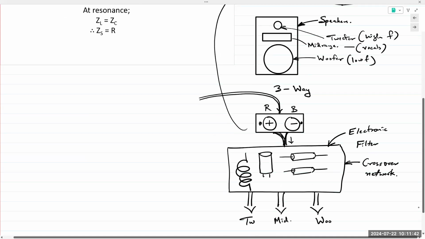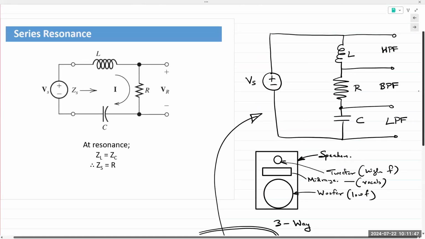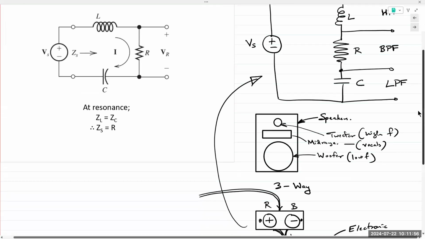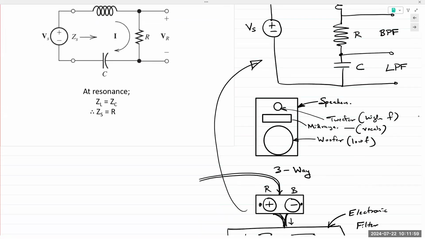For frequency response, we use the impedance characteristics of inductors and capacitors, because the impedance or reactance of a capacitor and inductor depends on the frequency of the input signal.